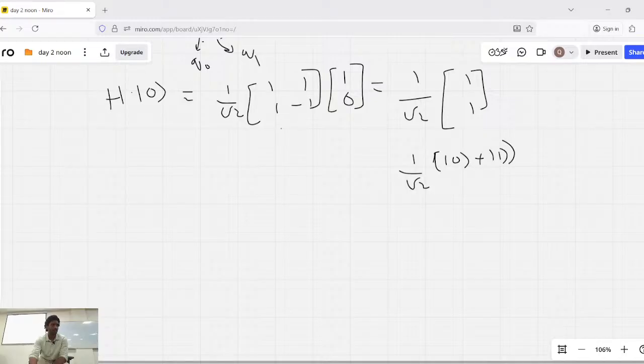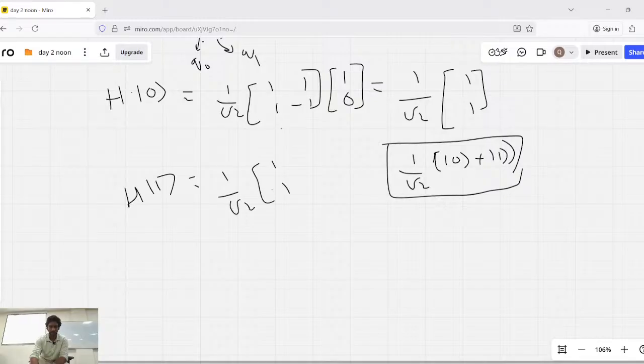Simply to put, this is how I'll get this particular output. Otherwise, if you use H on ket 1, you will be getting 1 by root 2 of 1 and minus 1, thereby giving rise to 1 by root 2 of ket 0 minus ket 1. Got it? That's a simple deal which we'll be following for this particular thing.